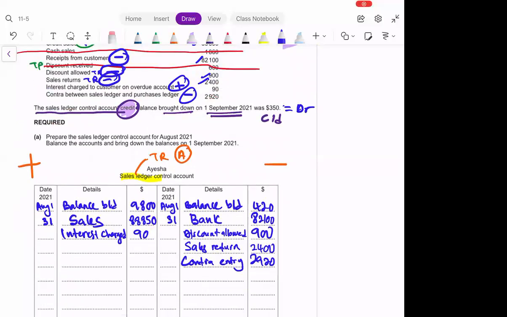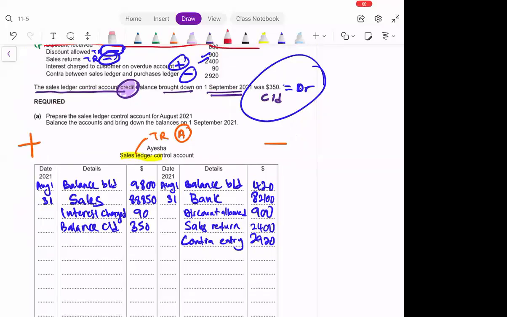Okay, now the last one, I got balance CD. Balance CD will be in the debit side because they say credit for CD, I put it in the debit. So I go debit, I write here 350. Balance CD in the debit side. And now you balance this up, you will get another balance CD. Can you check? Do you have another balance CD?